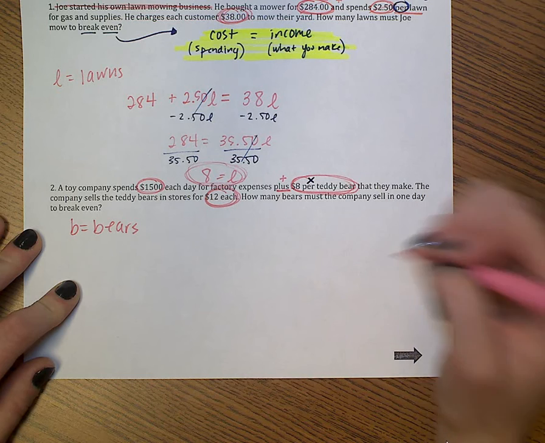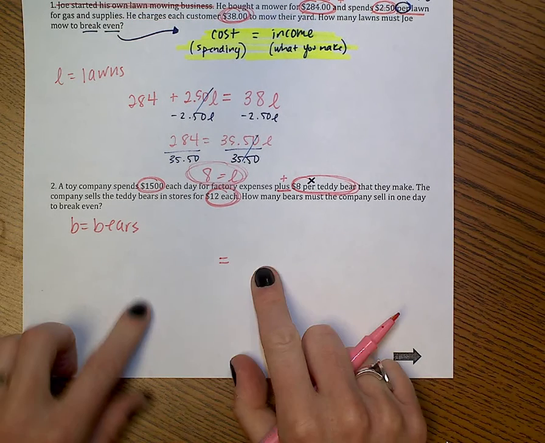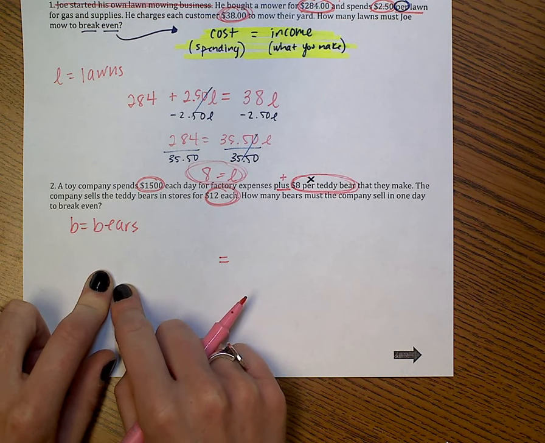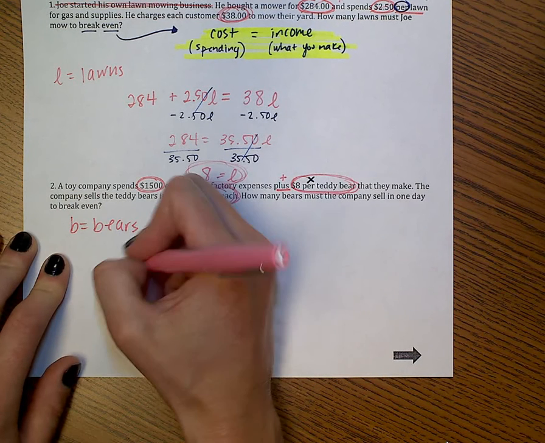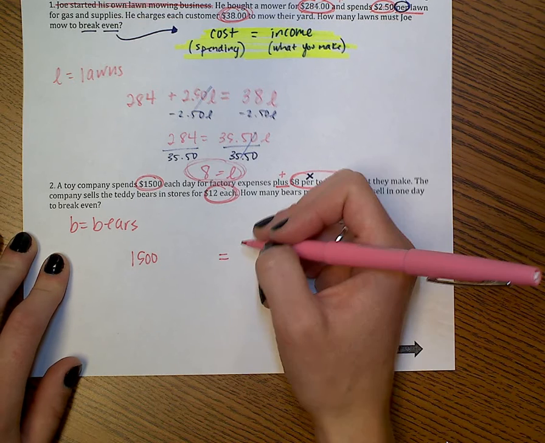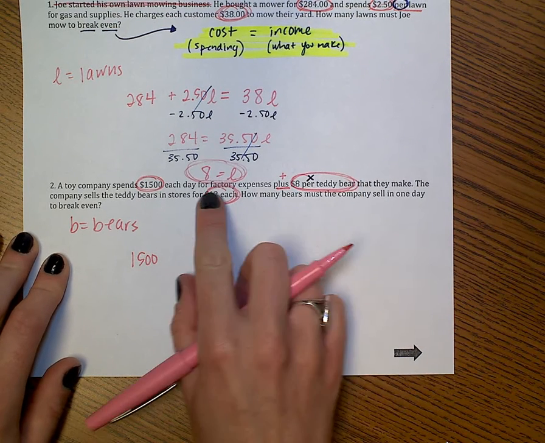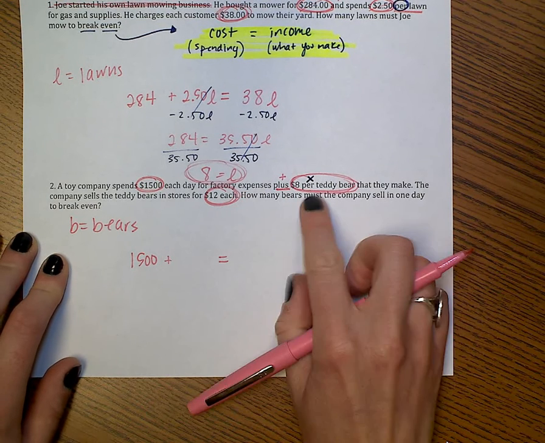Now the hard part, I want to write the equation, so it's got to have an equal sign. On one side, I'm going to put the costs that this company has for making the bears. That's the first sentence. They spend $1,500 for the factory air conditioning, to pay the workers, all the factory expenses, plus, so add on top of that, $8 per bear.